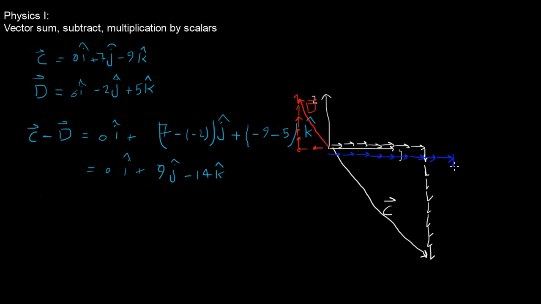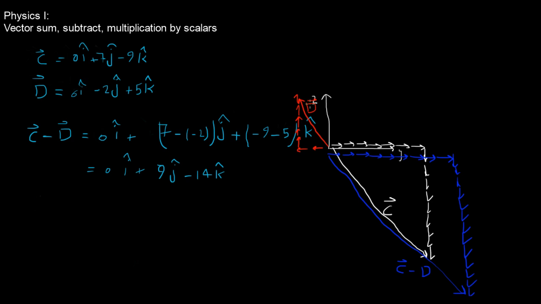So it's 1, 2, 3, 4, 5, 6, 7, 8, 9, 10, 11, 12, 13, and something here is 14. So now this is vector C minus D.